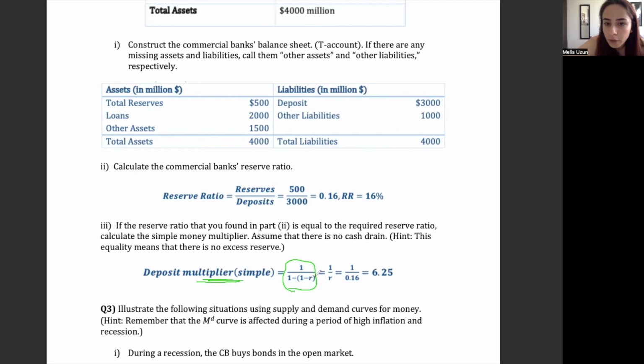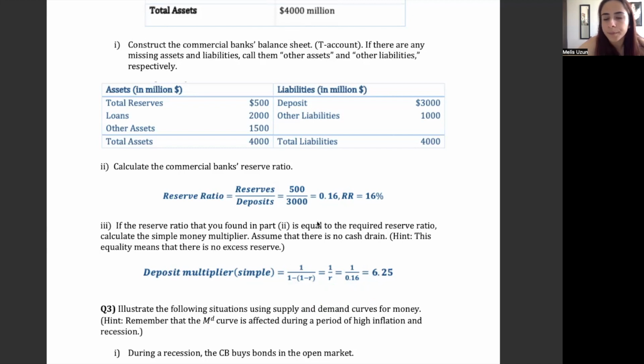For R, we use the reserve ratio we found in part 2. The formula is 1 divided by R, so R is 0.16, and the multiplier is equal to 6.25.